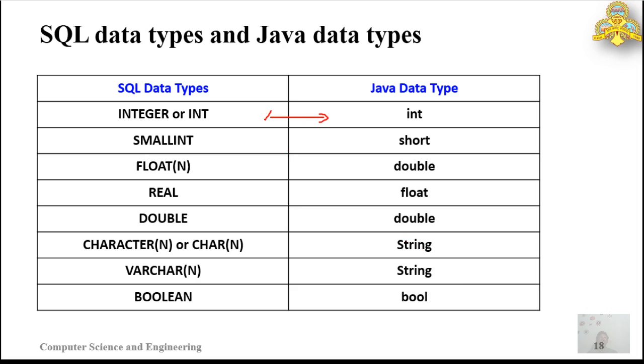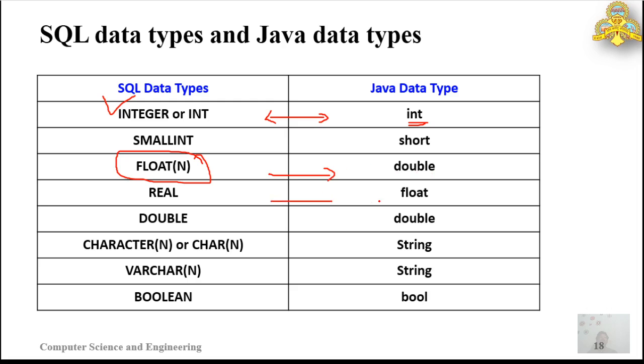If you want to extract information from a SQL command, and the column type is integer or int, then in Java we can use the int type. For small int it is short. For float, in the SQL command I can specify the number of digits also, but in Java there is no such feature, so we can safely use double.